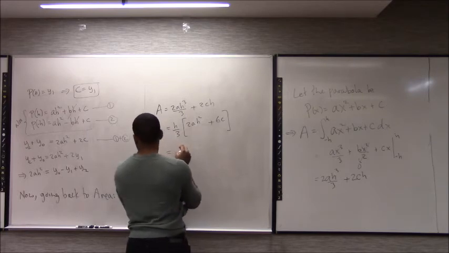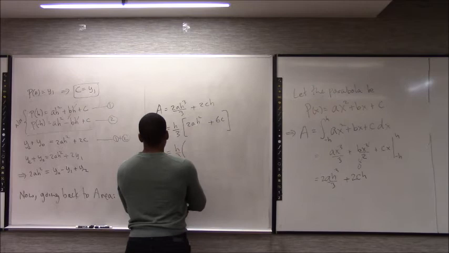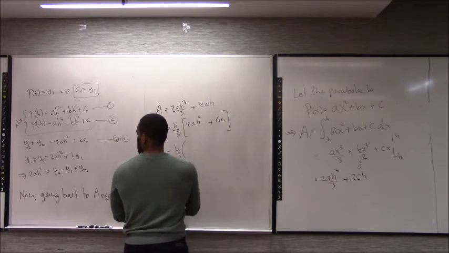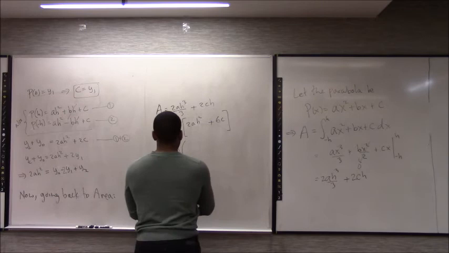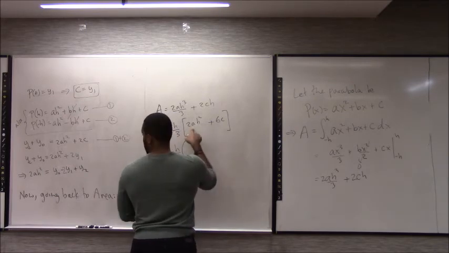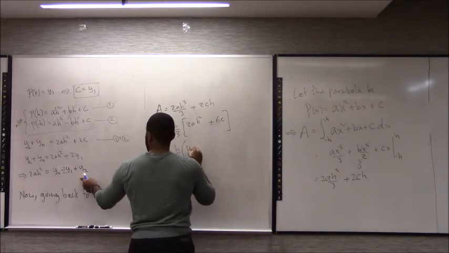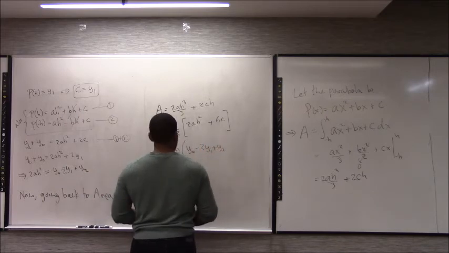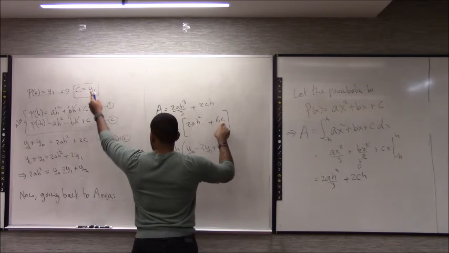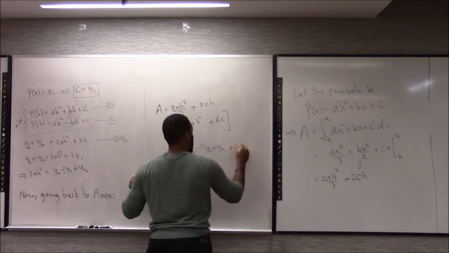I think one of the numbers is off here, but let's actually start putting in. So this gives me h over 3. Yeah, this should be 2 minus 2y1. Okay, now I think it's fine. So the 2ah squared is y0 minus 2y1 plus y2. And the 6c, well, c is actually y1, so that just becomes 6y1.